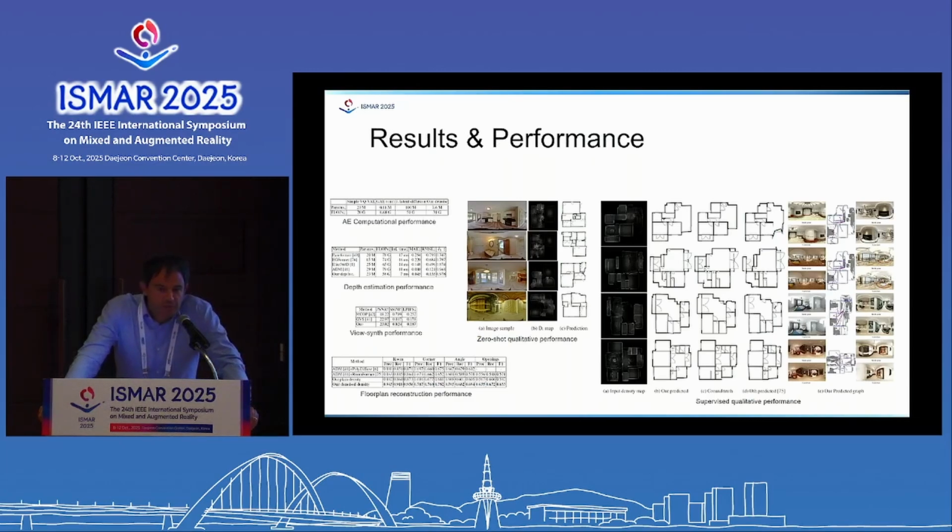Here we have some statistics. It's not easy to read here, of course, but we can find them in the paper. We have good performance in terms of reconstruction of the floor plan, even when compared with standard point cloud segmentation methods. We also have good performance, especially computational performance.